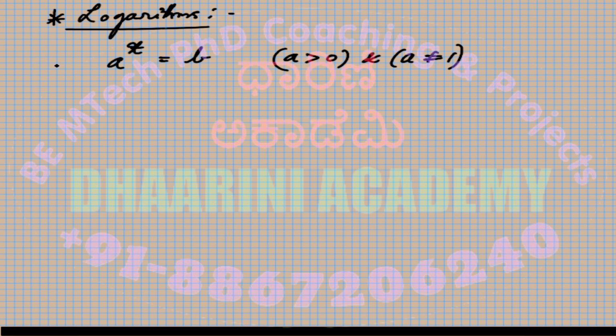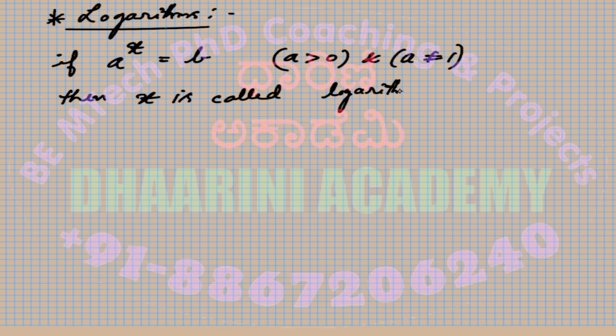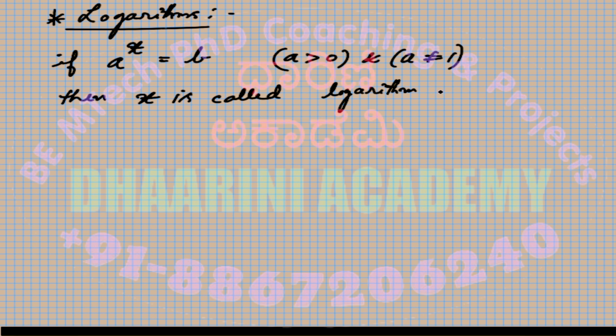If a to the x equal to b, then x is called the logarithm of b to the base a.